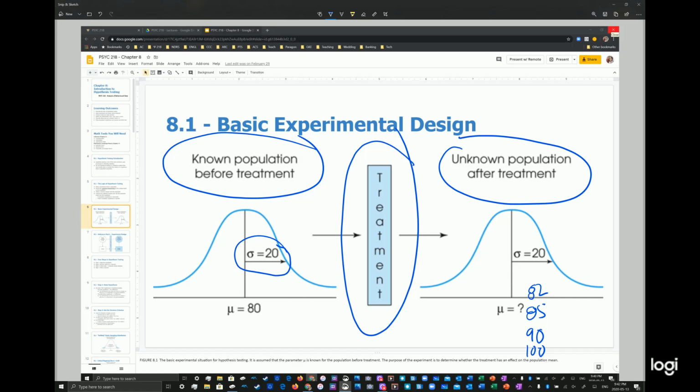Hey, if any of these numbers I mentioned so far, except for 100, they're still within 1 standard deviation away. Well, that's really not extreme enough, because if you remember, in a Z distribution, only 34% of the population is 1 standard deviation away from the mean.